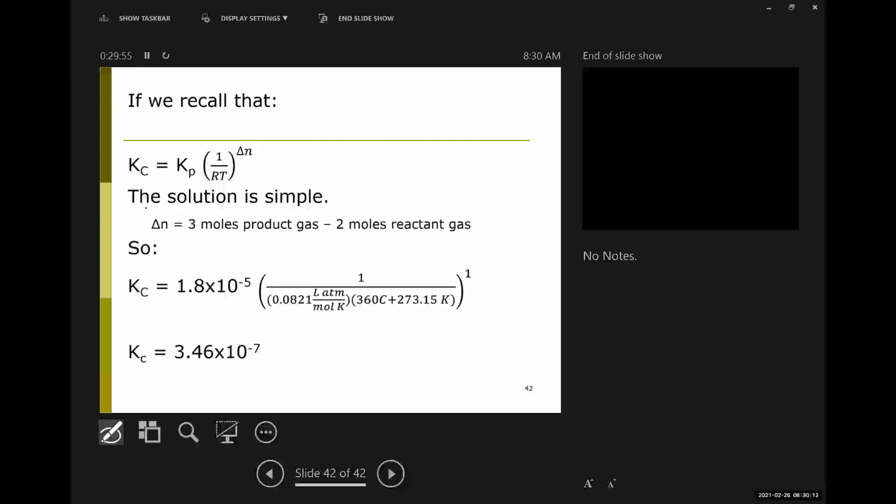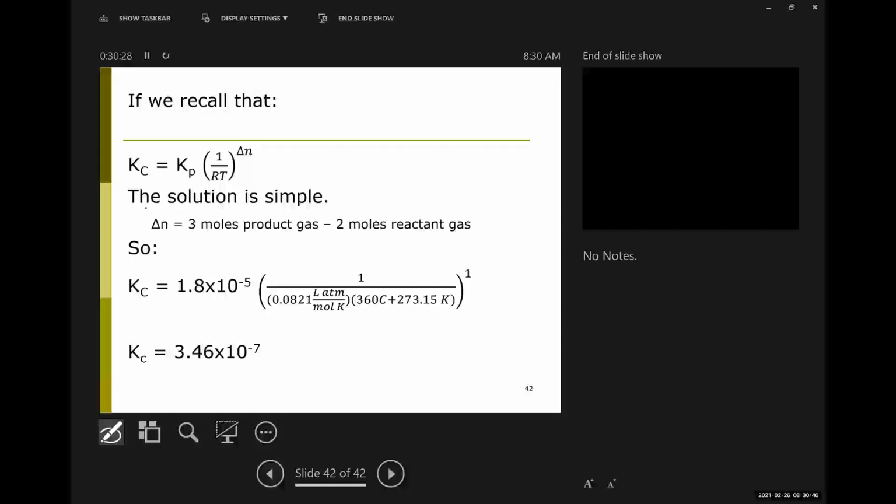We don't do a lot of this from this point forward because we mostly deal in aqueous reactions. And so as soon as the reaction is aqueous, even if one of the products was a gas, there's really no Kp. The only time there's ever a Kp is if you have a completely gas phase reaction, or as we saw with my calcium carbonate, if it's pure solids and pure liquids with just gases.